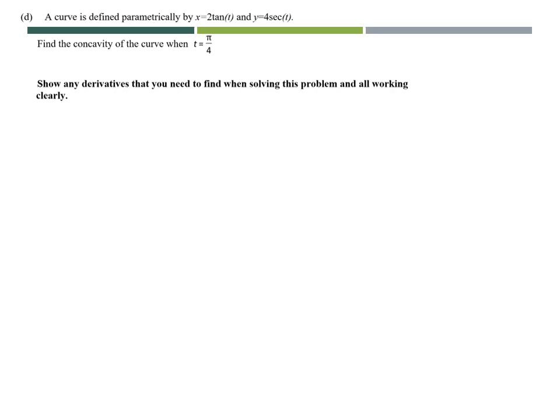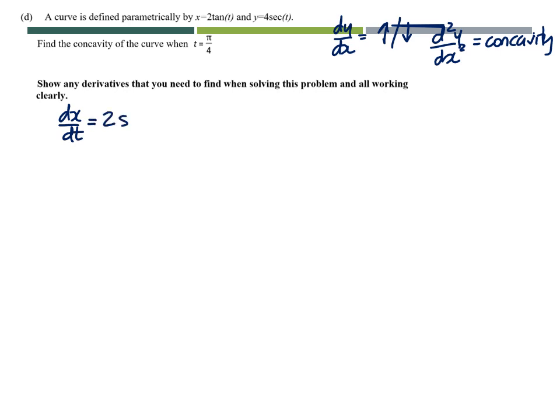So I'll just recap what I said. dy by dx tells you if it's increasing or decreasing. d squared y over dx squared tells you the concavity of the graph. So make sure we find the concavity, right? As we just did before, it's going to become 2 sec squared t.